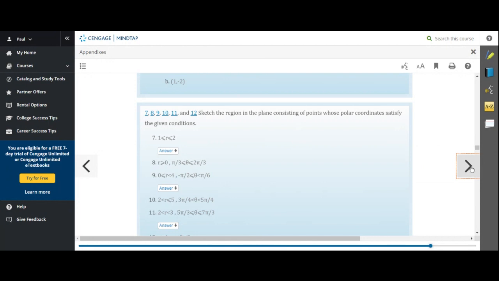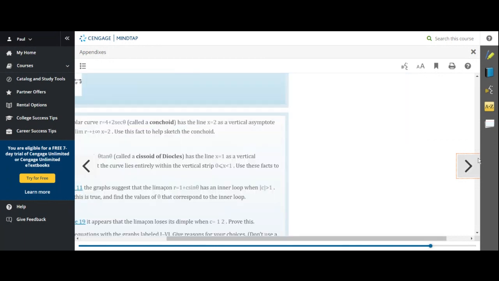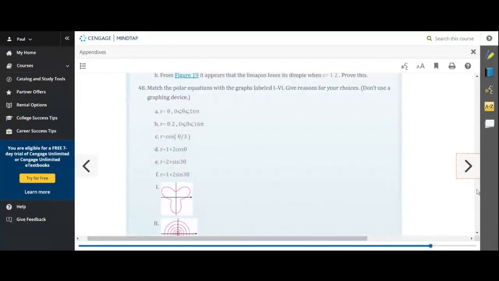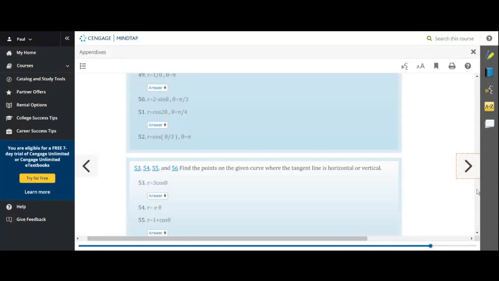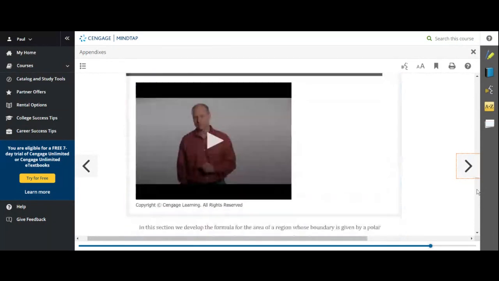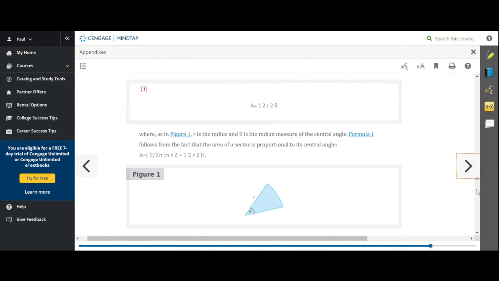Just got to get to H.2. Okay, areas in polar coordinates.